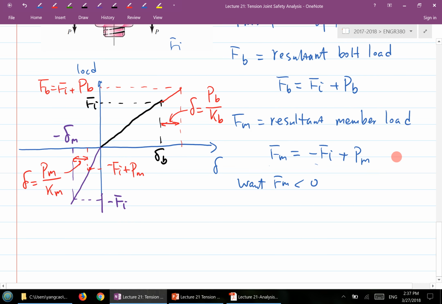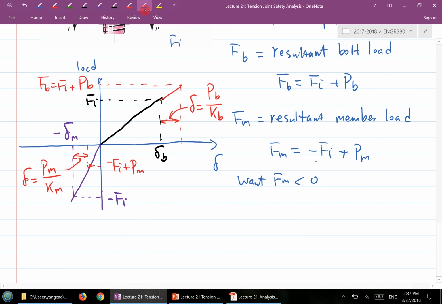So now I'm just going to update the formulas here a little bit based on the diagrams. As we have just seen, your Pb over Kb is equal to Pm over Km, and that gives me Pm equal to Pb times Km over Kb here.